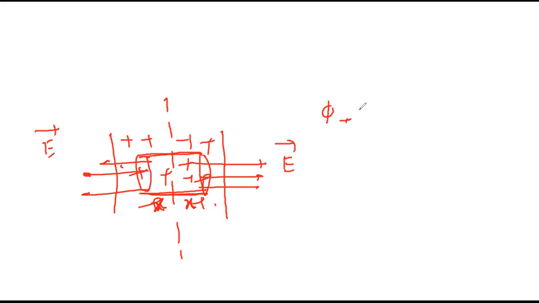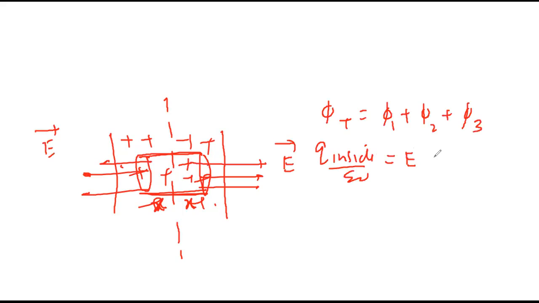Now total flux is phi1 plus phi2 plus phi3, and total flux is charge inside upon epsilon naught. Flux phi1 will be E into area dA cos 0. Phi2 is also same, E dA cos 0, and phi3 will be 0. Are you clear? Phi3 is 0. What is charge inside?